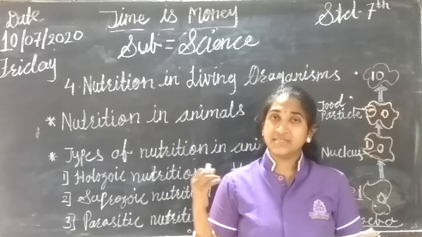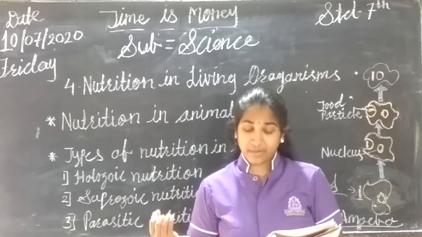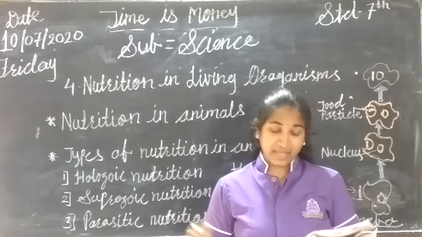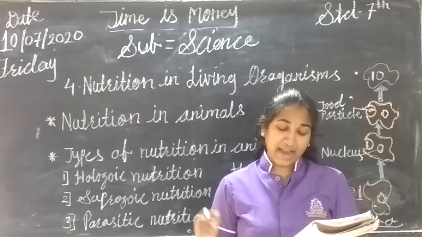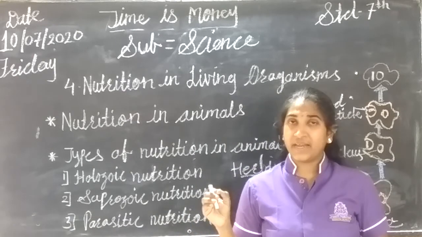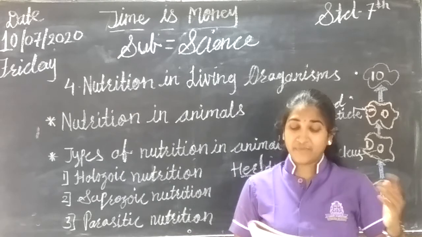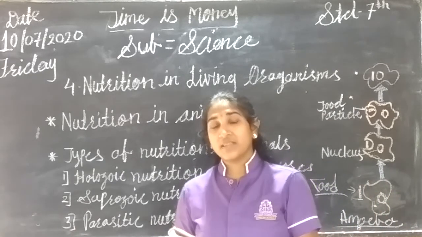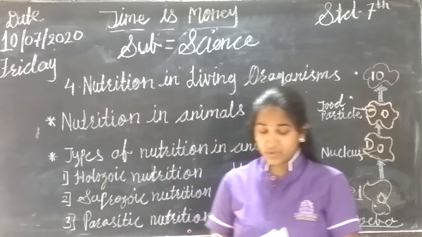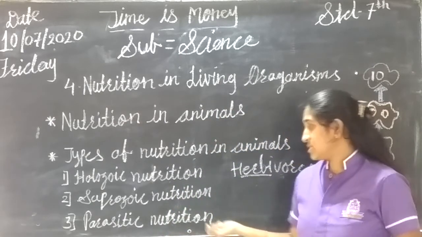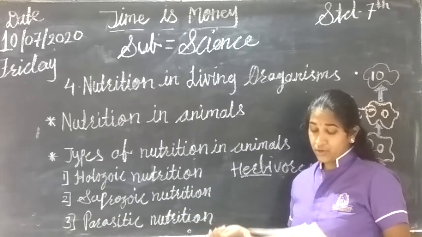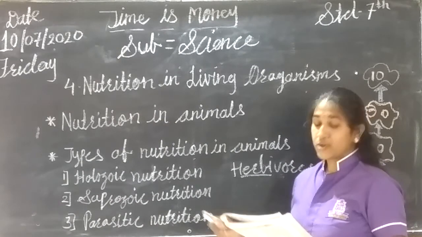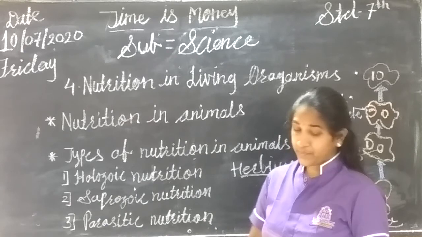This is called endoparasitic nutrition, and the animals are known as endoparasites. See, different names are given according to how they take in their food. First we learned about parasitic nutrition, then endoparasitic nutrition and ectoparasitic nutrition.